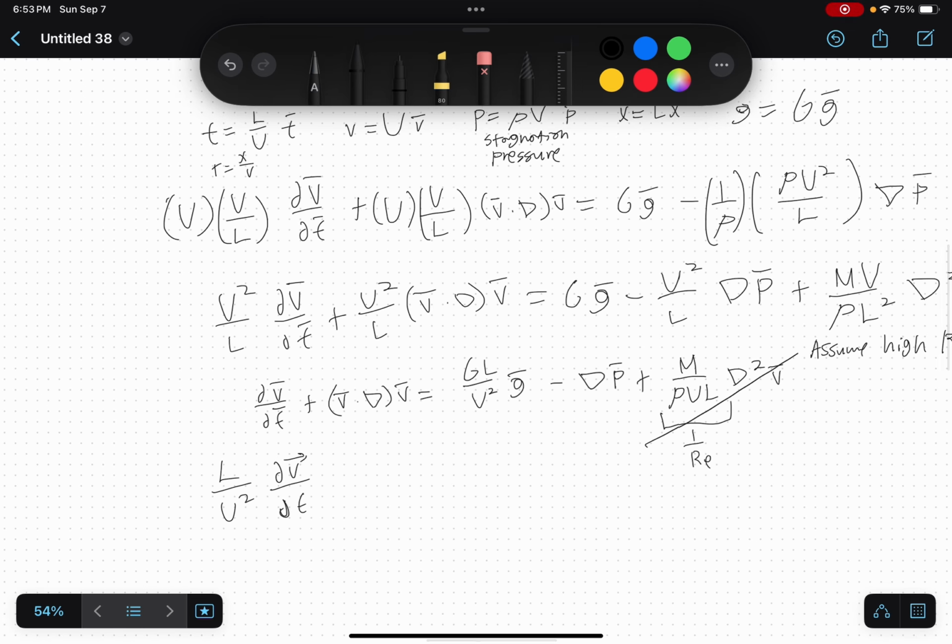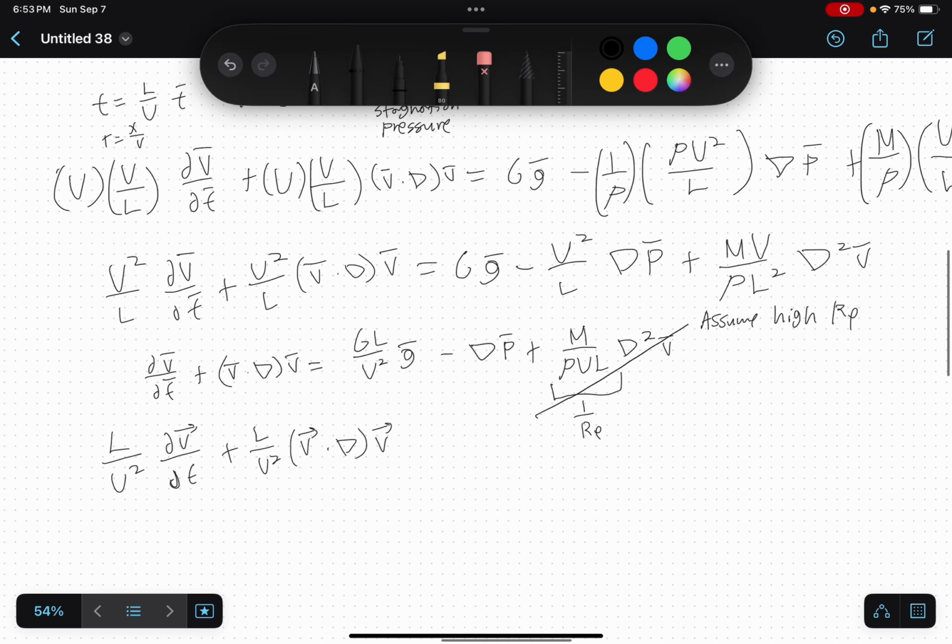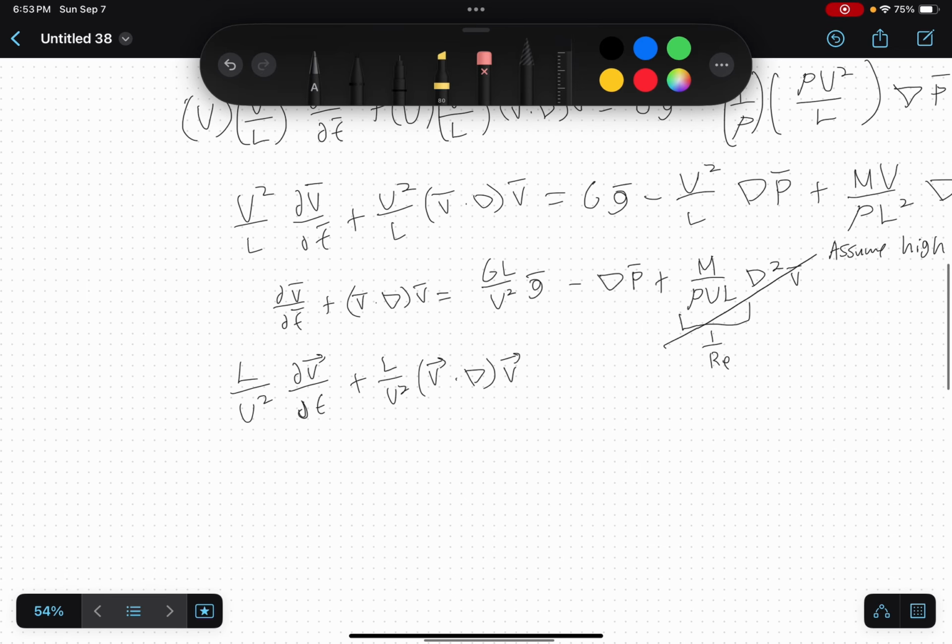Yep. Plus same thing again, L over U squared. I'm just doing the opposite of whatever was in front before. I'm gonna move this whole thing down a bit.